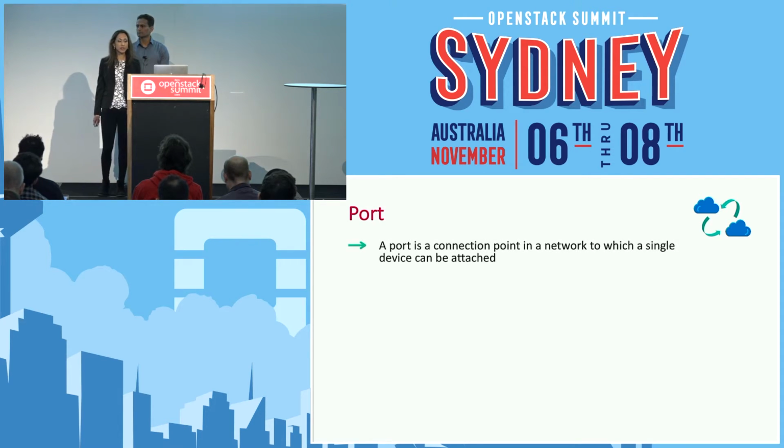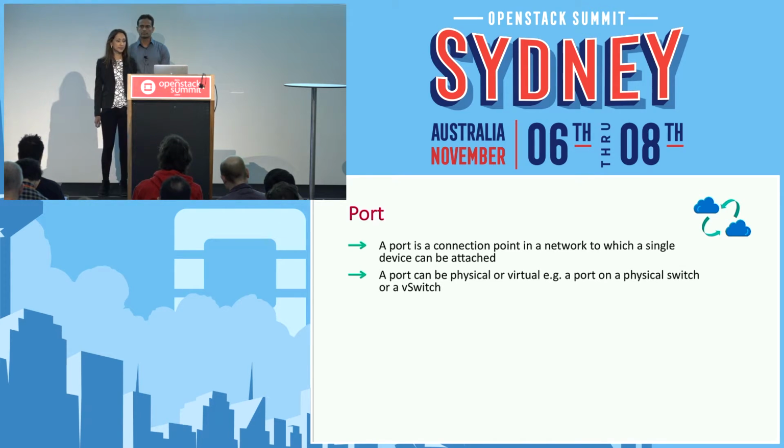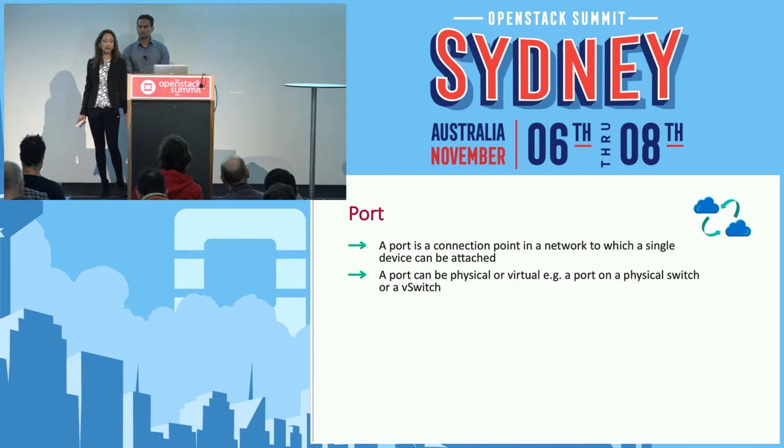Port. What is a port? A port is nothing but a connection point in a network to which a single device can be attached. A port, again, can be both physical or virtual. A physical port would be a port on a physical switch, or you can have a virtual port like a vSwitch.